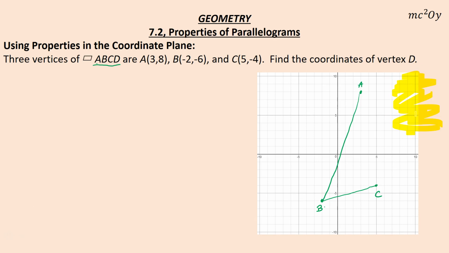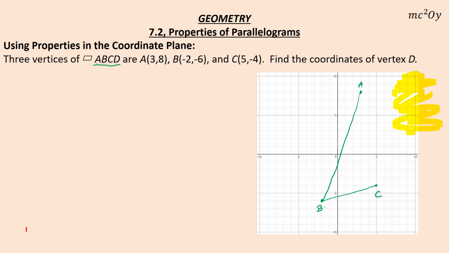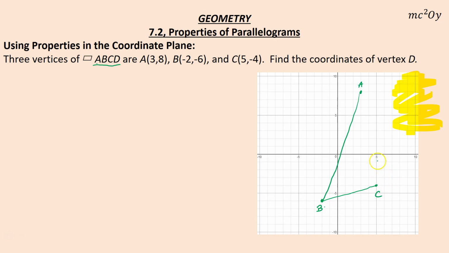Okay, so what we need to do is figure out how to do it, and there's multiple ways. If I'm given a picture, the way I'm going to do it is use my slope. I know the slope of lines that are parallel has to be the same. So if BC is going to be parallel to AD, wherever D is over here, then it has to have the same slope as BC here. So what I'm looking at is 1, 2, 3, 4, 5, 6, 7, and 2.